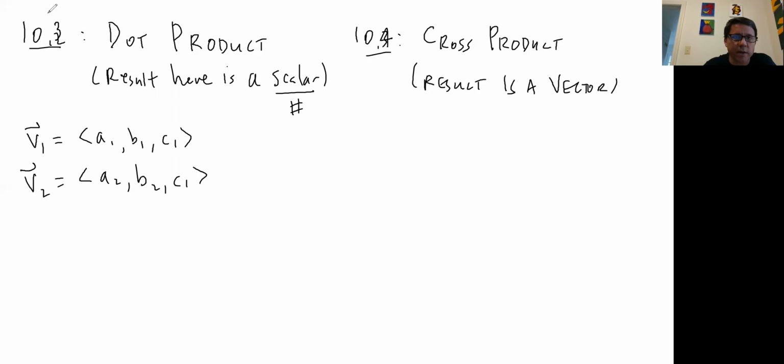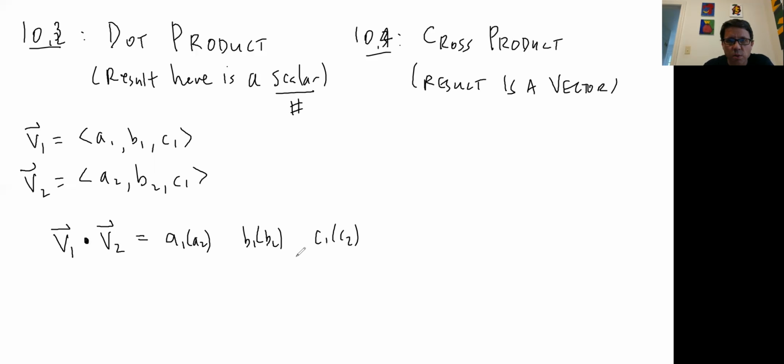Get the numbers right here. The dot product of these two things is written with a dot in between them, so it kind of looks like a product. And all you do is component-wise multiply and then add the results together. So this is A1 times A2, B1 times B2, C1 times C2, and then I just add them together.